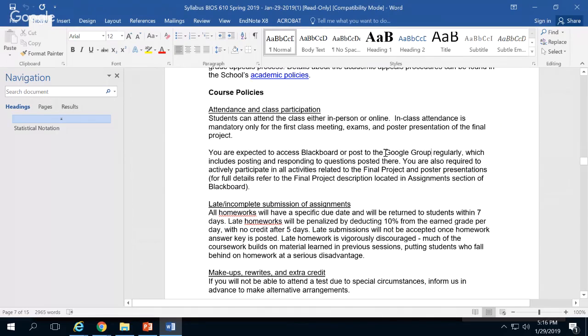I have tended to find Blackboard a bit clunky for the discussion groups, but it underwent a bunch of renovations since last semester, so I'll see if the discussion groups are a little easier to use than they used to be. We'll use either that or Google Groups, just as a way for you to ask questions that are of interest to the group, like questions about the homeworks, about the subjects in class, things that are useful for everyone to be able to answer.